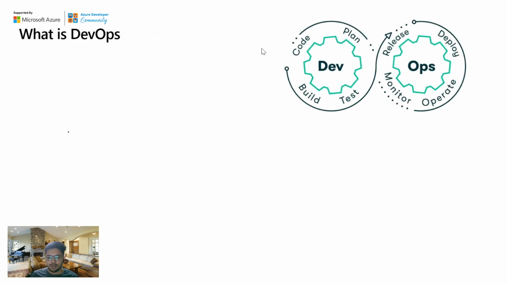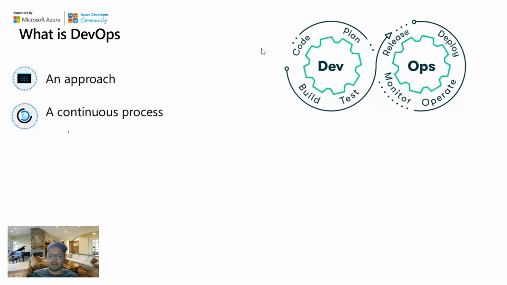So, what is DevOps? As you can see through this animation, it is a kind of continuous process, or you can also say it is a kind of mindset that many organizations use to develop and deliver their projects.